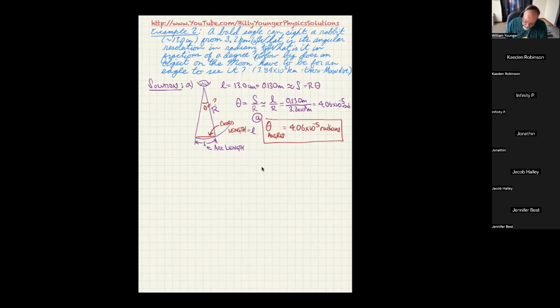Now for part B, we want to know what that is in fractions of a degree. So for part B, theta angular resolution is equal to 4.06 times 10 to the negative fifth radians.